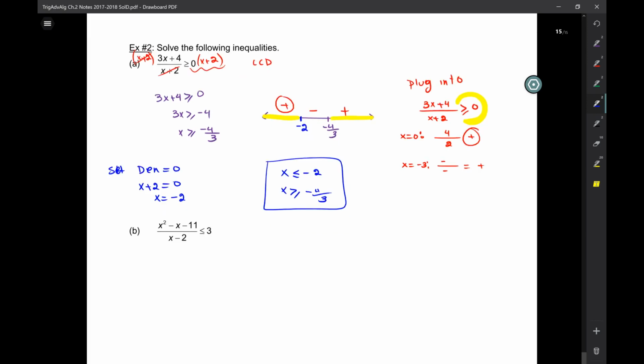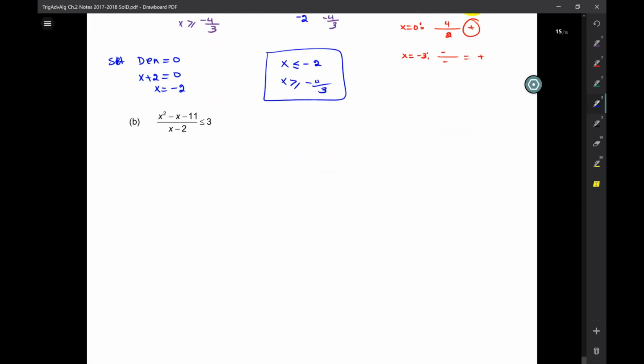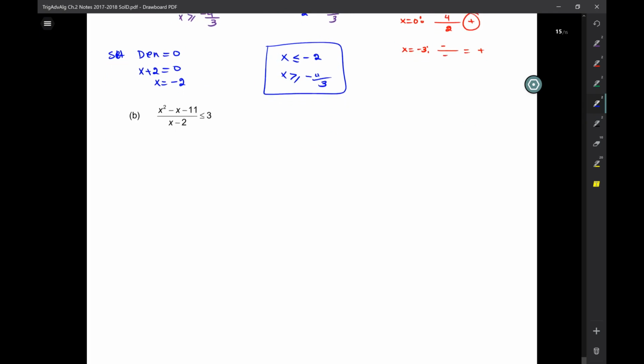So this next one is a fraction less than or equal to 3. I give this advice every single time, and often students forget to take my advice, and then they run into trouble. Here's my advice.